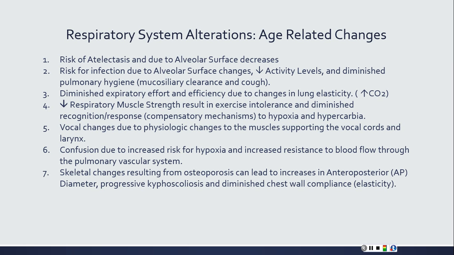Number 6, confusion. Due to the increased risk for hypoxia and increased resistance to blood flow through the pulmonary vascular system. All right, confusion. Remember this one. Confusion is very, very important, because if you've got an elderly patient that's confused, do not blow it off just because they've got Alzheimer's.